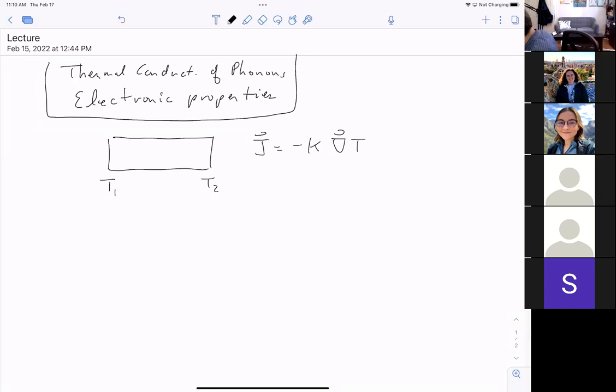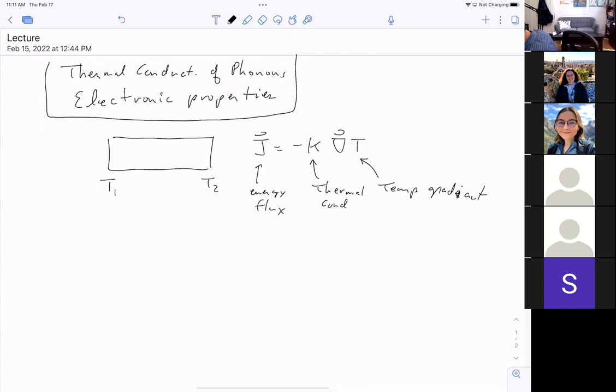In 1D, that's just dT/dx, but this is the general way of writing it. That's the energy flux. That's the temperature gradient. And K, the constant of proportionality, is the thermal conductance or thermal conductivity.